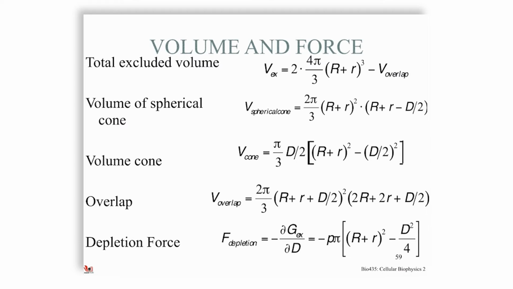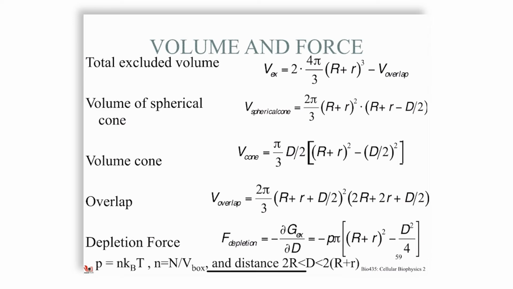I urge you to look at this if you want to verify the answer, but the depletion force then comes down to minus the partial derivative of G excluded with respect to the distance, which becomes minus pressure times pi ((R plus r) squared minus d squared by 4).